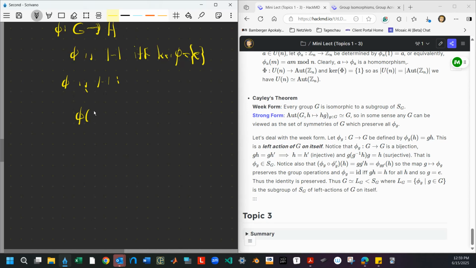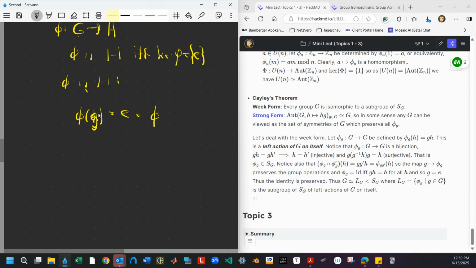So I'm assuming it's one-to-one, and suppose phi of g equals the identity of h. Then I want to show that g has to equal the identity of G. So this was even easier.